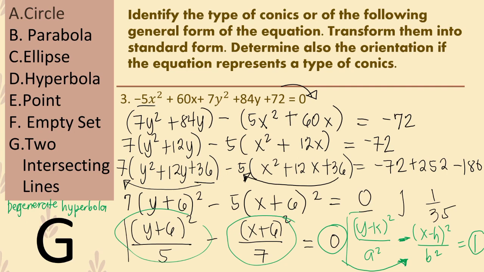And then, yung lines, yung katumbas ng parabola dun sa non-degenerate conics. And yung two intersecting lines, ang katumbas niya sa non-degenerate conic sections ay yung hyperbola. Pag napansin nyo na para siyang standard form ng hyperbola, and nag-0 siya, ibig sabihin is siyang degenerate hyperbola.